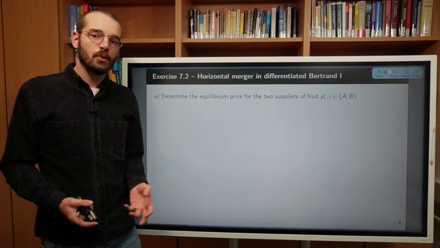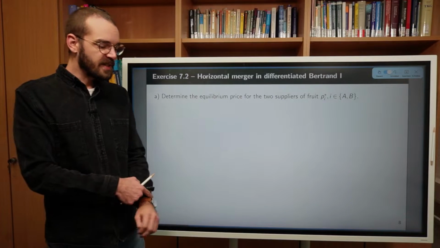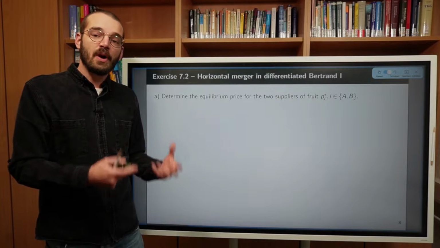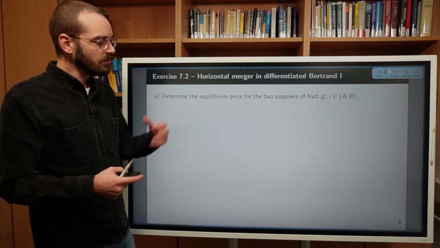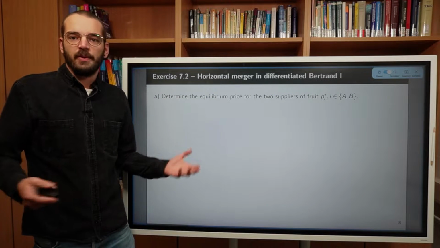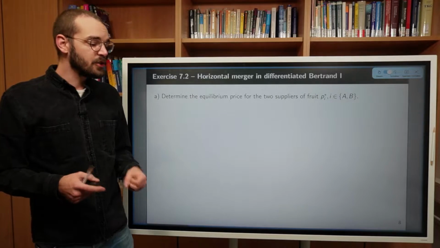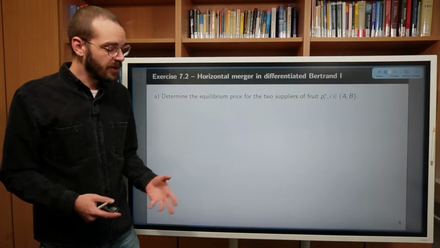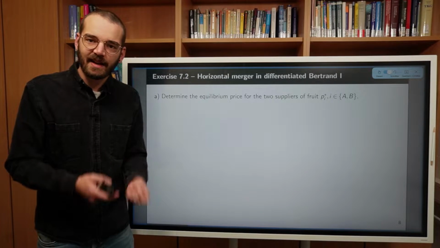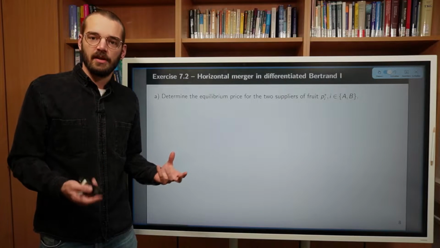We know that in Nash equilibrium, all players, or in this case all firms, will choose their strategic variable, in this case their price, so that it is profit maximizing, given any strategic choice of the competitor. And we did this, of course, when we were analyzing Bertrand competition with homogeneous goods. We did this already when we were analyzing Cournot competition with homogeneous goods. And we are doing the exact same now in a price competition with differentiated goods.